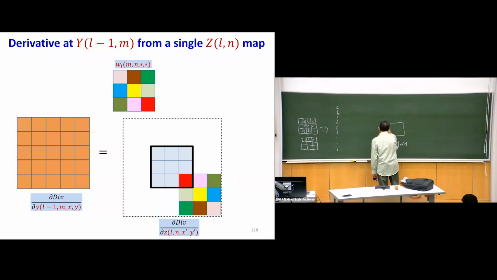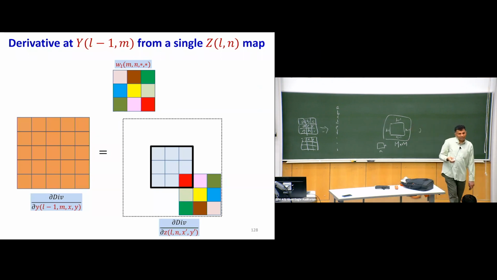Then I padded k minus 1 zeros over here, k minus 1 zeros over here, k minus 1 over here, and k minus 1 over here, correct? So what is the final size of this after padding zeros? Wake up, guys. What's the final size? M plus 2 times k minus 1, right? 2 times k minus 1 plus m.